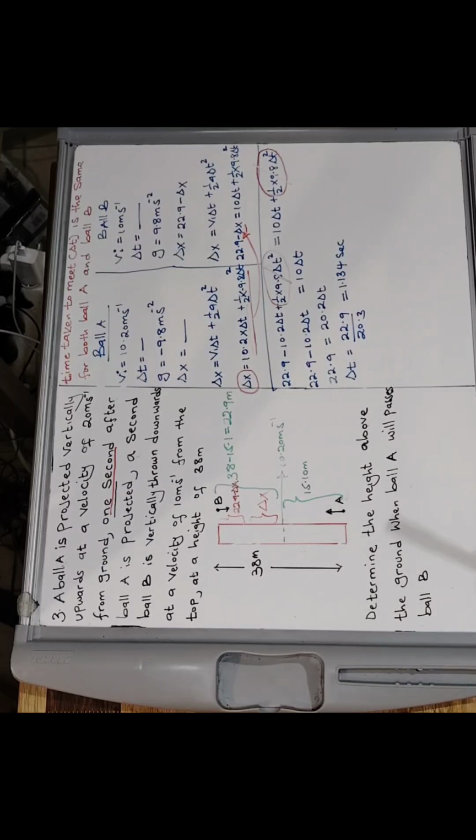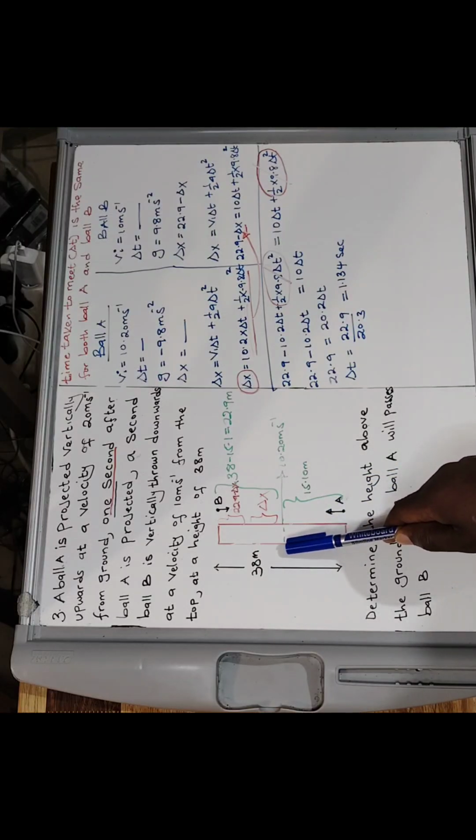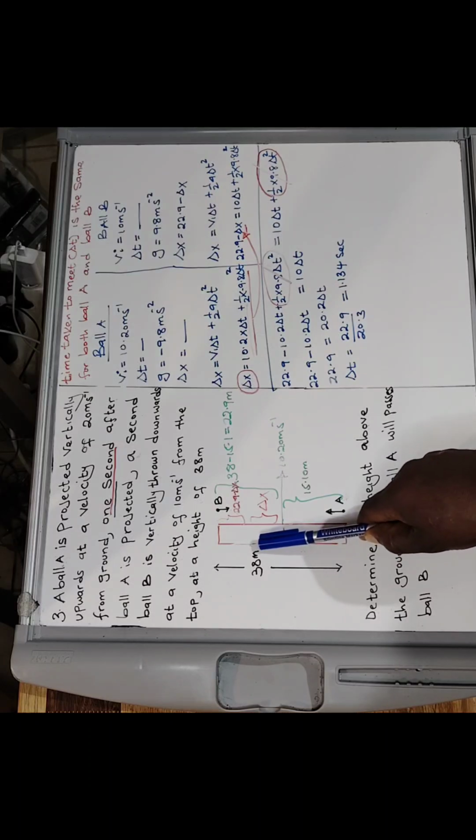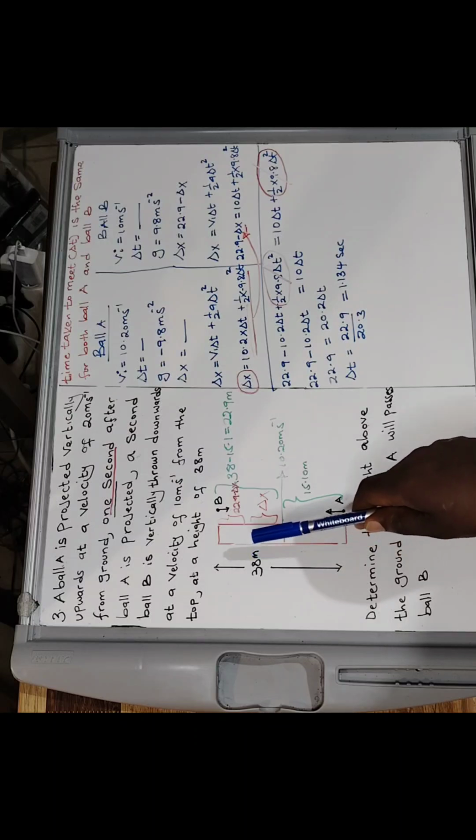So that's the time. Remember, it's the common time which ball A traveled to meet ball B, but from this height. So after getting this time, how are we going to use it to calculate the height above which ball A passed ball B? This is what you are going to do. Ball A is going to move for 1.134 seconds, covering a particular displacement.